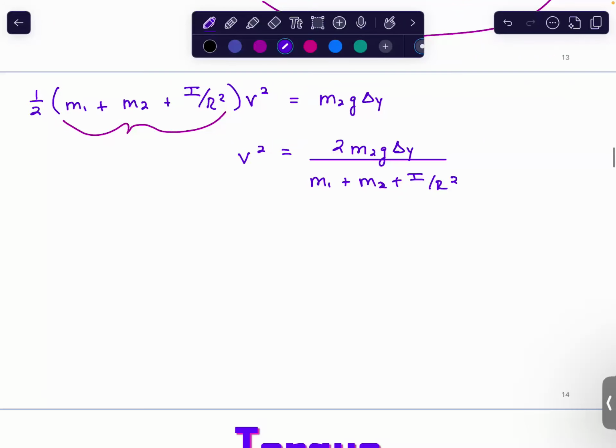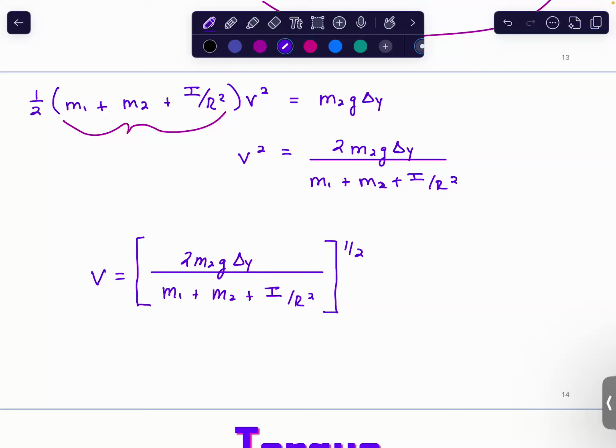And then I'm just going to square root everything. So the speed at which our system is moving in the end is right there. And so as you notice now, we have velocity in terms of m1, m2, delta y, I, and R. Just as we were asked for.